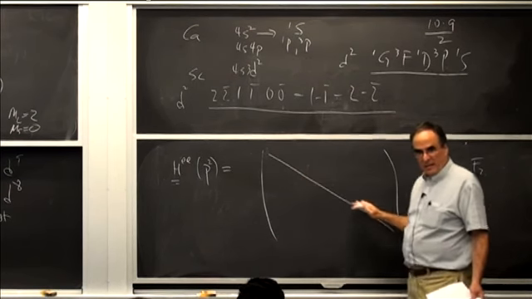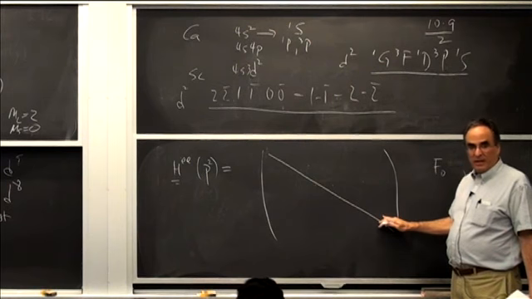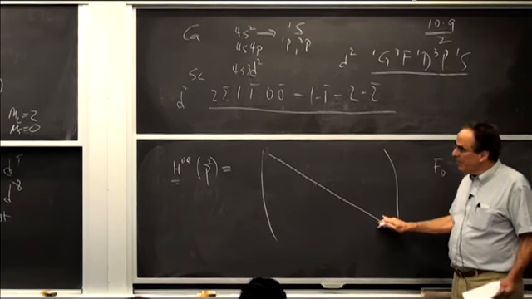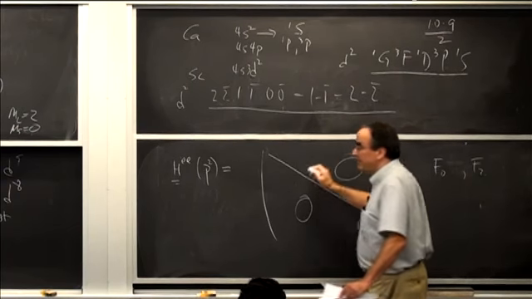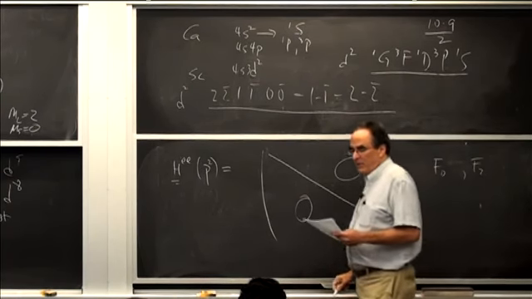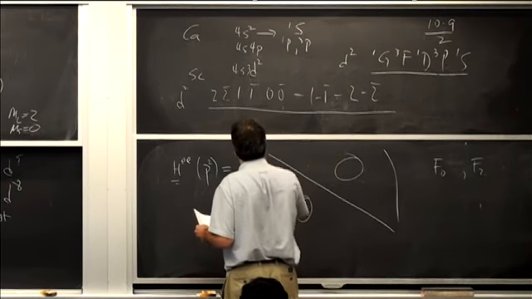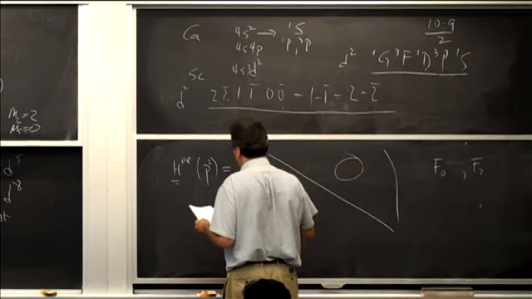So what you end up is you write down matrix elements of the Slater determinants, and you discover that this guy is diagonal.